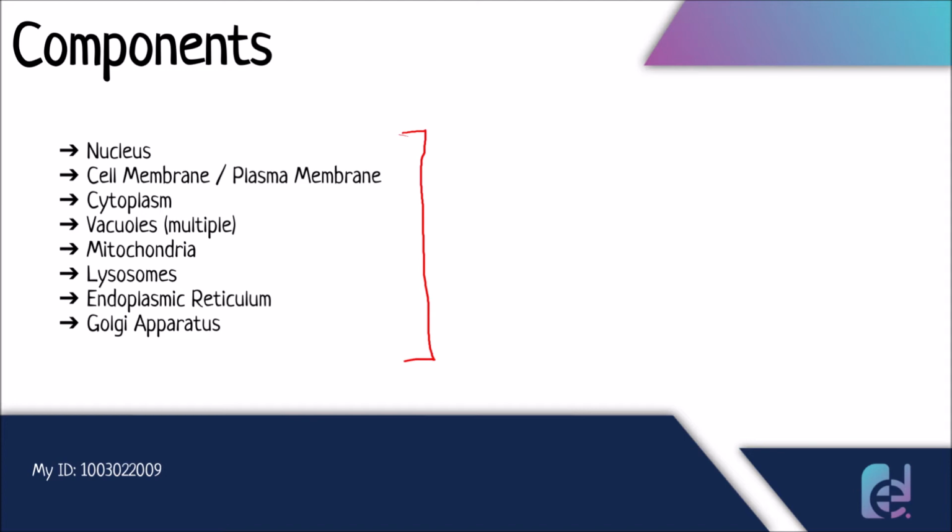First of all, we have the nucleus, then the plasma membrane, the cytoplasm, and then vacuoles. It's an S. We have multiple vacuoles in an animal cell. We have mitochondria, lysosomes, endoplasmic reticulum, which was divided into smooth and rough, if you remember from the last lecture. And then we also have the Golgi apparatus.